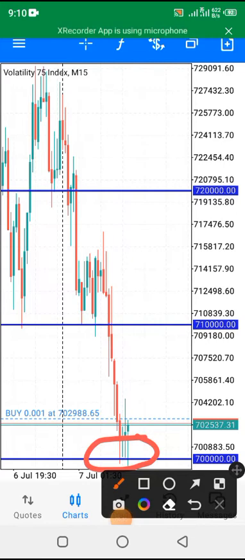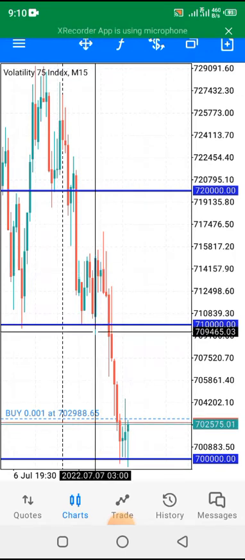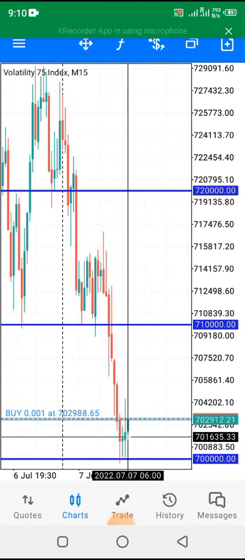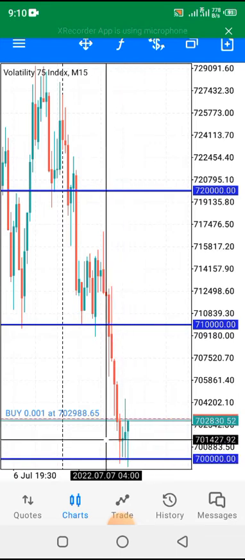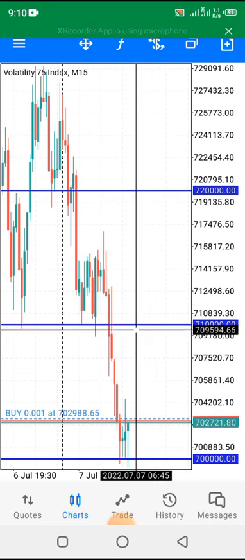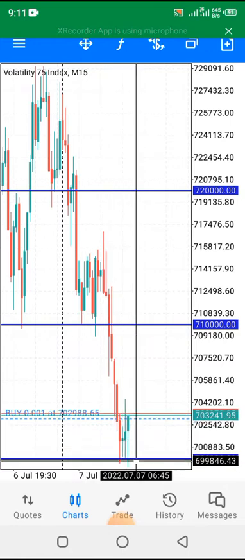So I've made a buy because now this 700,000 region is really acting as support, because you can see these candlesticks, there's rejection over here, there's rejection over here. So what do you do at support? You buy. And if price comes over here, I'm looking to sell, because this region will now act as my resistance. Now it's at support. That's why I've made a buy setup.